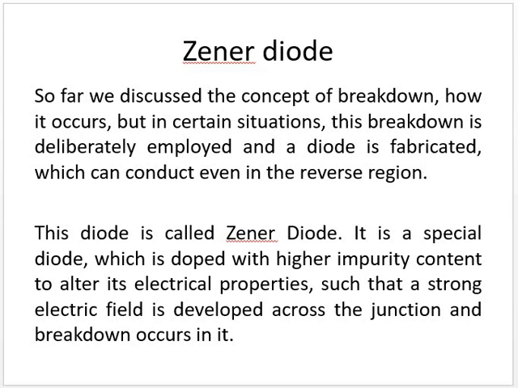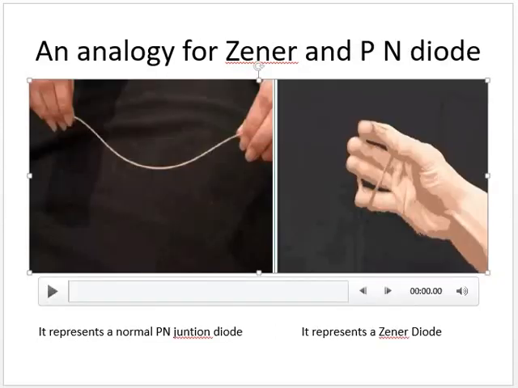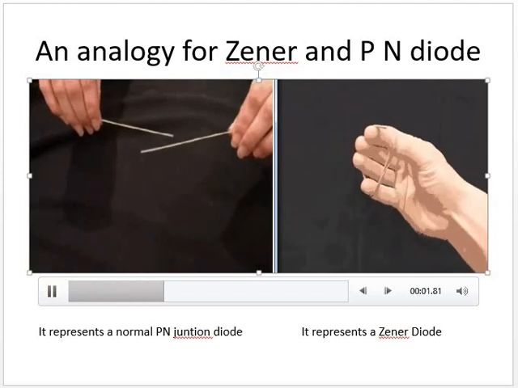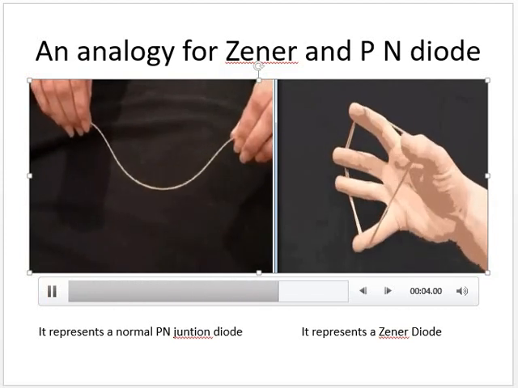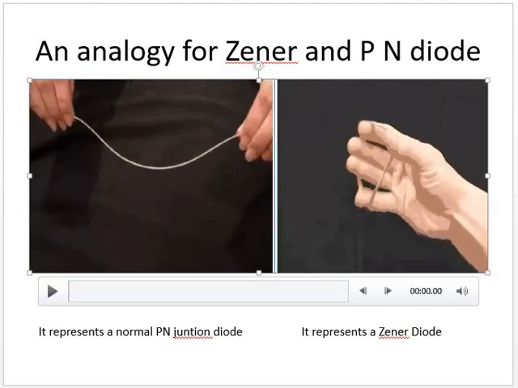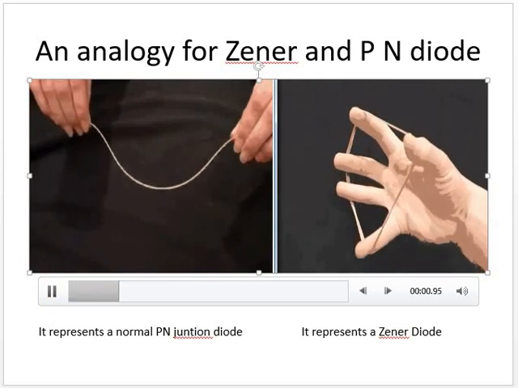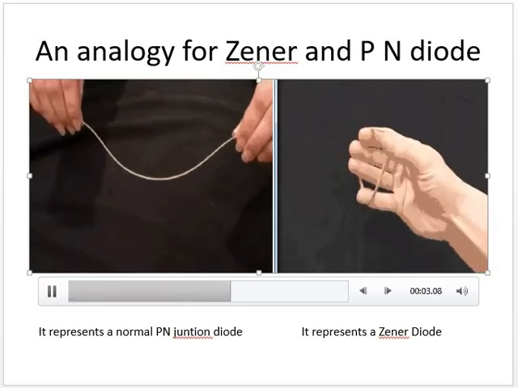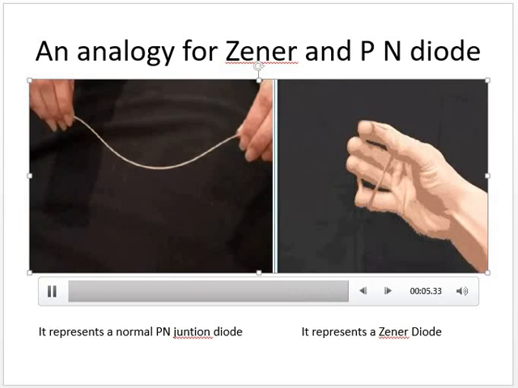You can understand this in a better way with this analogy. Look at this clip. On your left we have a spaghetti which is indicating a normal PN junction diode. As you bend it, after a certain point it breaks because it's brittle. And on your right we have a hand holding an elastic.